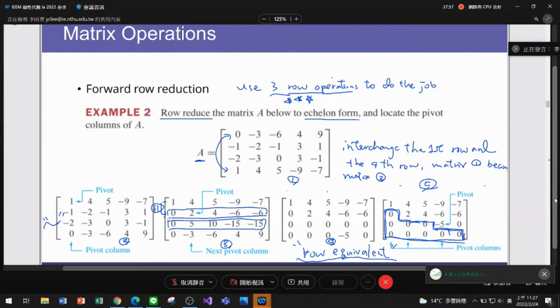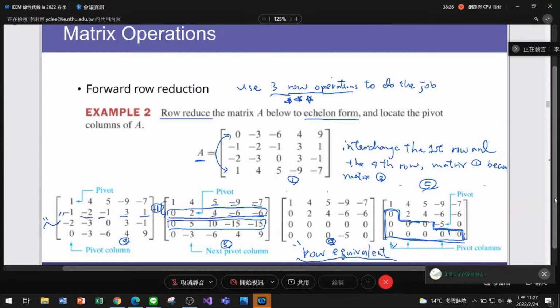So 1 minus 1 becomes 0. And 4 times 1, that's 4. Subtract 2, and that gives me 2. And then 5 times 1, subtract 1, will be 4. -9, add 3. That will be -6. And then -7, add 1, that will be -6.